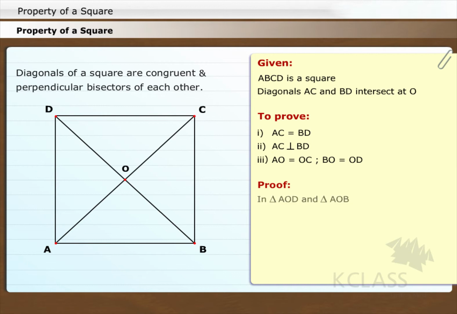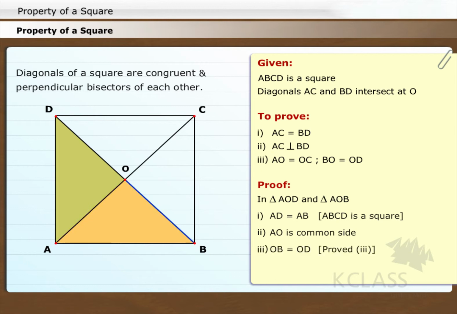Now consider triangles AOD and AOB. AD is equal to AB because the sides of a square are equal. Side AO is common. OB is equal to OD, which has already been proved.